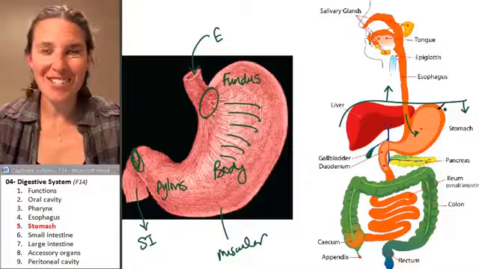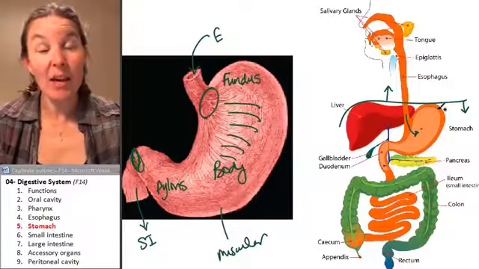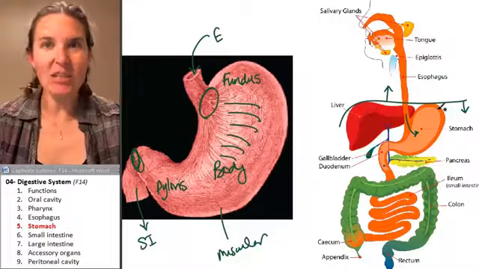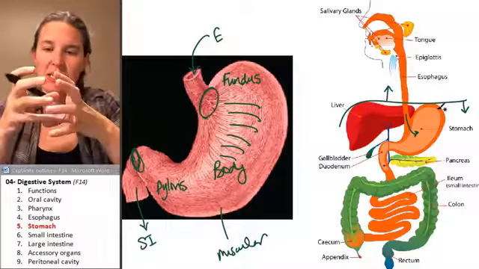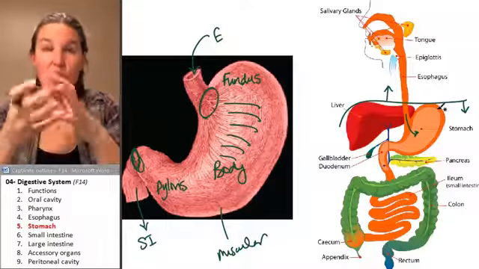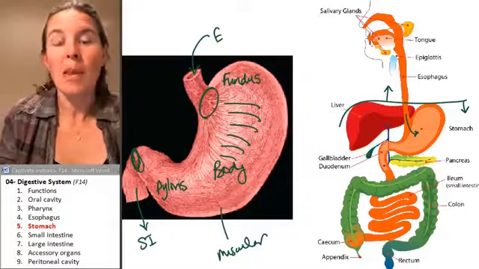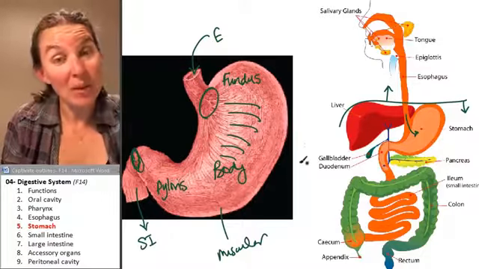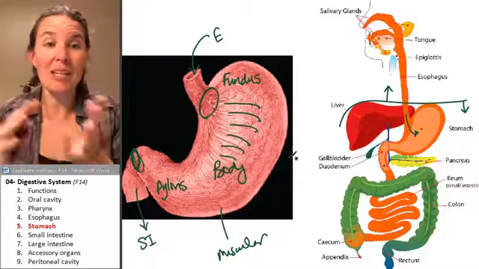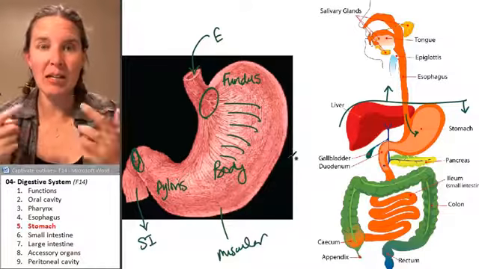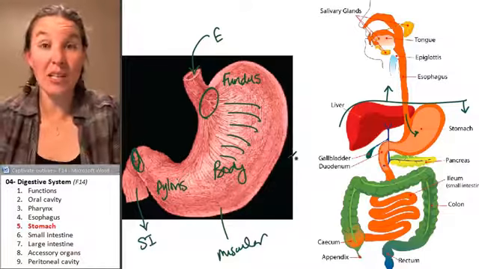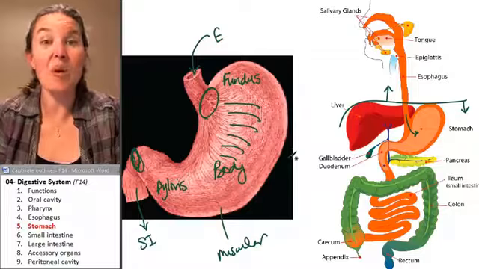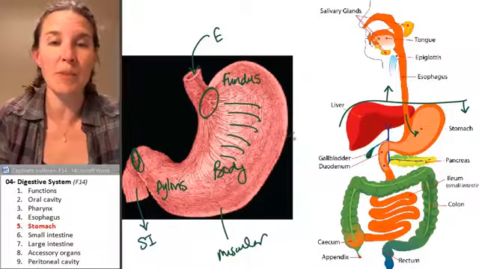What kind of digestion is happening in the stomach? There is a lot of mechanical digestion happening, which causes the stomach to squish up the food. In addition, there is some chemical digestion. When we look at the histology of the stomach, we'll take a look at the cells that are producing enzymes that help digest proteins in your stomach.